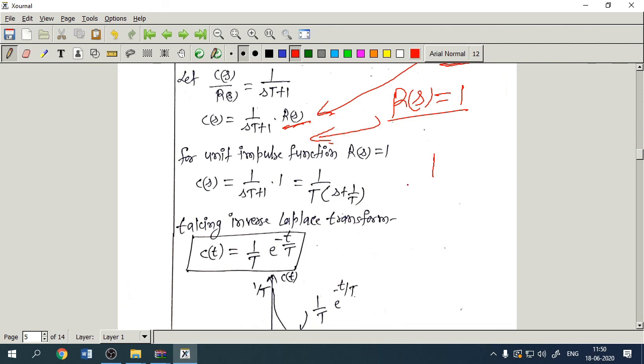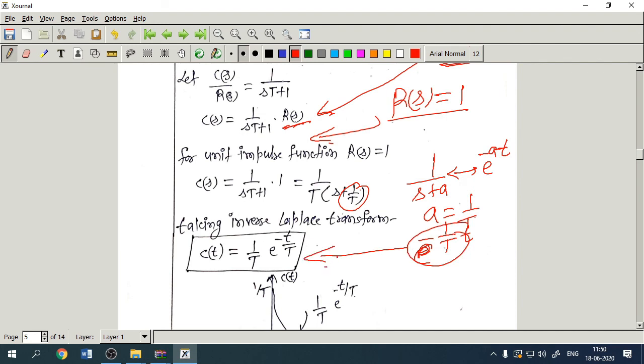Then we will apply the inverse Laplace transform: 1 upon (s plus a) equals e to the power minus at, and here a is equal to 1 divided by T. That means e to the power minus t divided by T. Now this C(t) is called the response of the first order system when we are applying a unit impulse input, right?